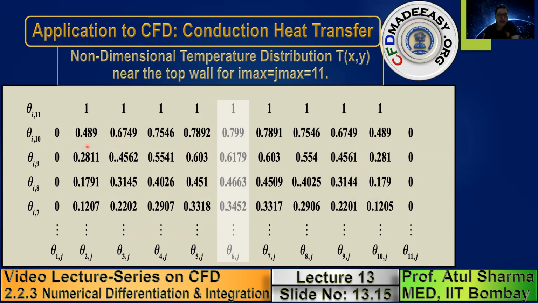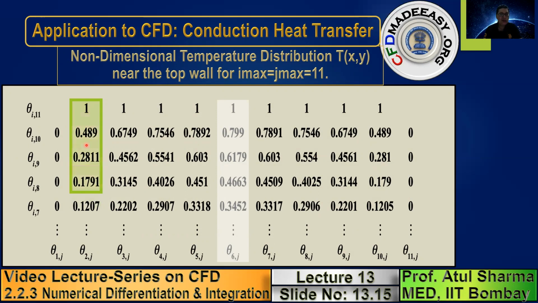So let us suppose you use at the north wall to calculate Qy, you want to calculate dT by dy. To calculate dT by dy, if you take 2 points, then you are basically doing first order backward differencing. If you take 2 internal points and 1 boundary point, that is 3 points, and your formula involves these 3 values, then you can use a second order one-sided backward differencing.